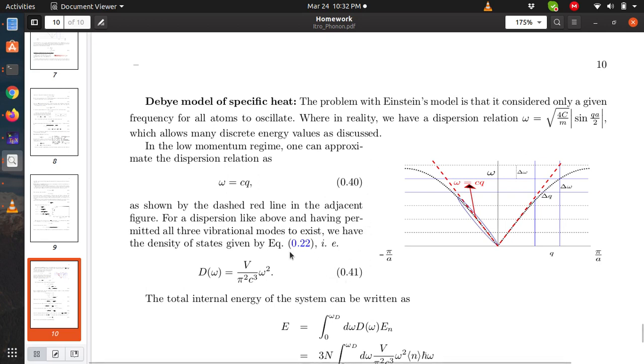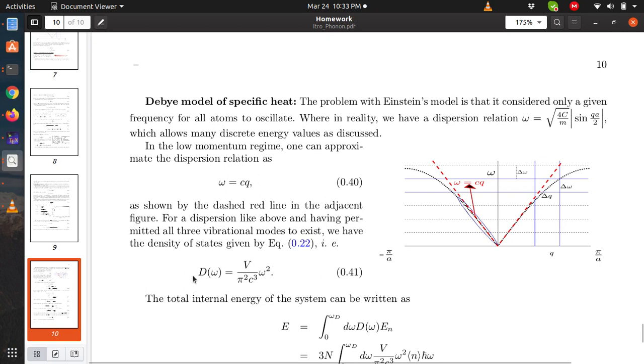But in this case, if you have to derive that density of states, which is quadratic as a function of energy, you have to consider all three vibrational modes, that means the vibration along the x, along the y, and along the z axis.